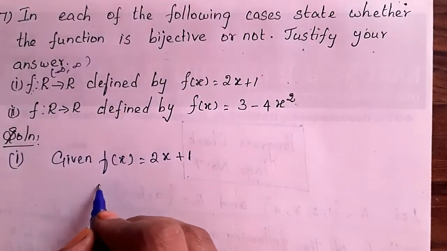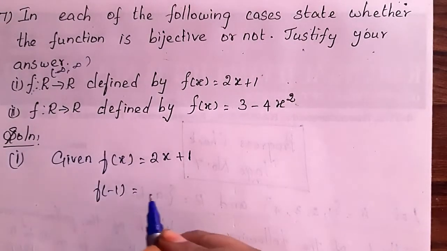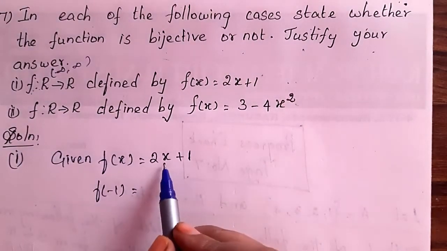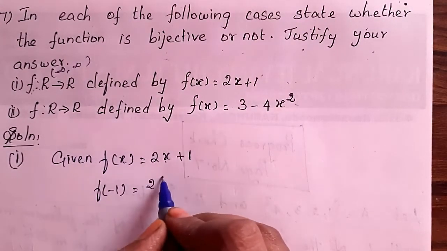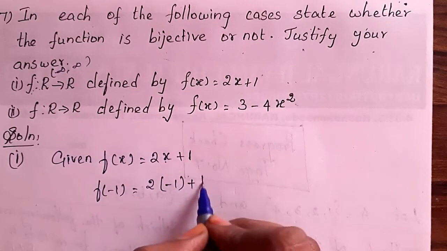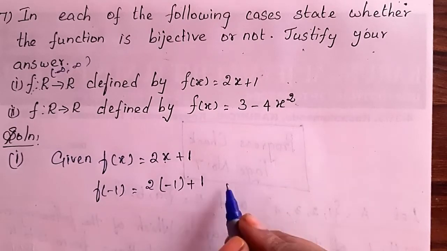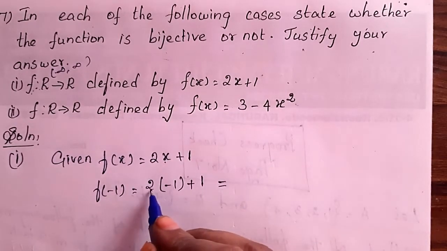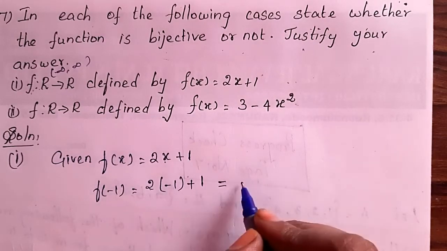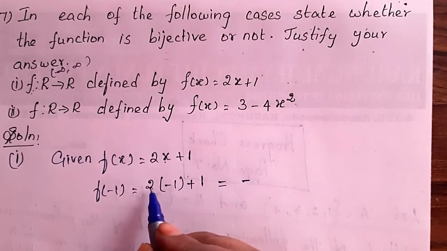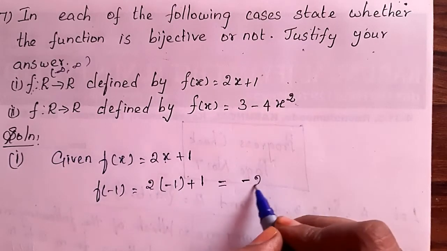So first I take f of -1 equal to. In place of x we apply -1. 2 times -1 plus 1. That is equal to 2 into -1. Definitely our sign will be minus, negative sign. Then 2 into 1, 2.